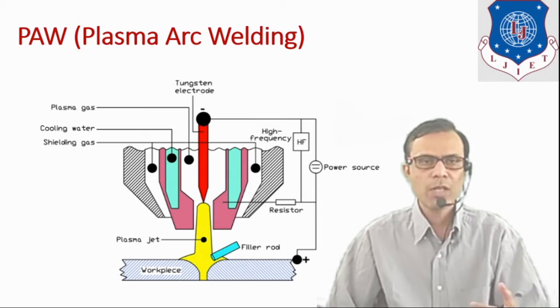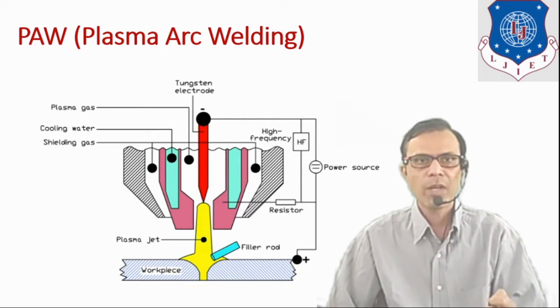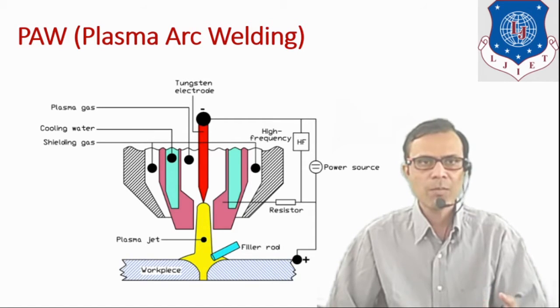So non-transfer arc process can be used for comparatively thin material, whereas transfer arc process can be used for comparatively thicker material. So it is plasma arc welding process.